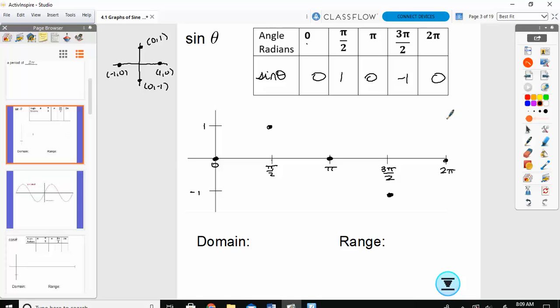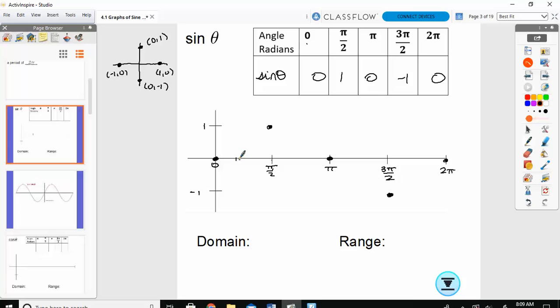Now, after we start graphing these and you have an idea of what your picture is supposed to look like, that's going to be all you need to get the graph. Since we've never graphed this before, we might need a little bit more. So I'm going to put some more on mine just to kind of talk about some of these points. You know, our common ones, we did 30, 45, and 90.